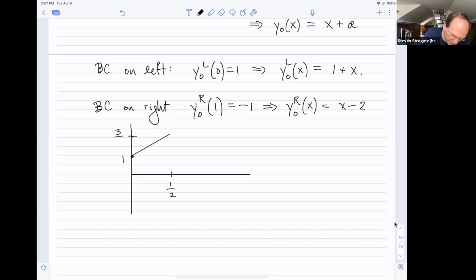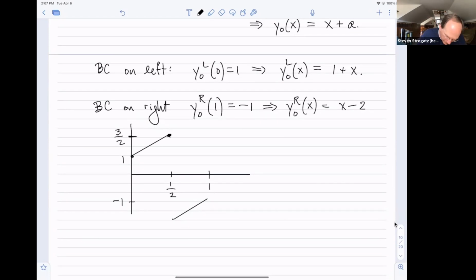So this point will be 3/2 there. Whereas the other one, which looks like this, has to reach -1. I think my scale is a little bit off, but you know what I'm trying to show. -1 at 1.